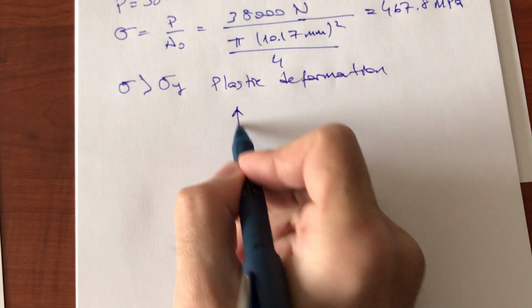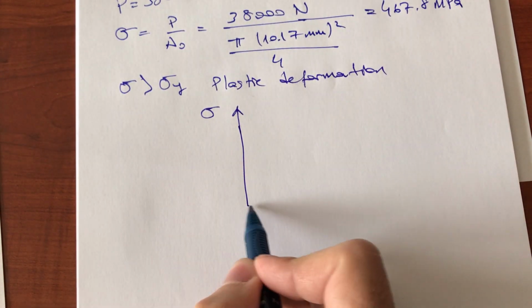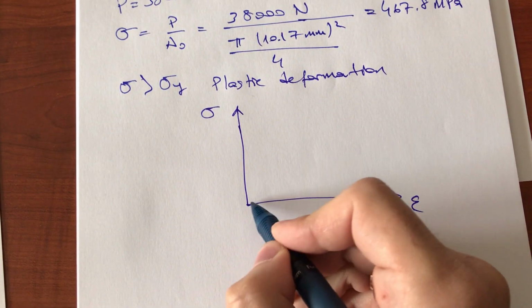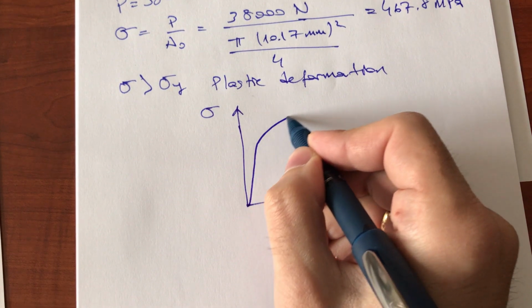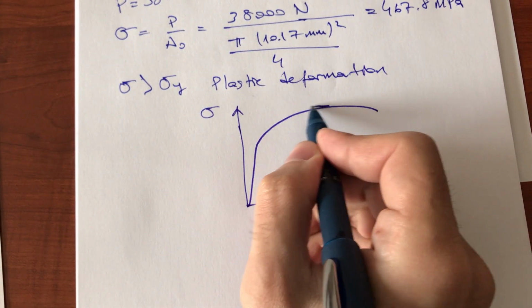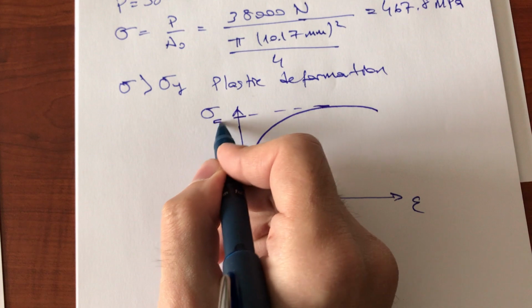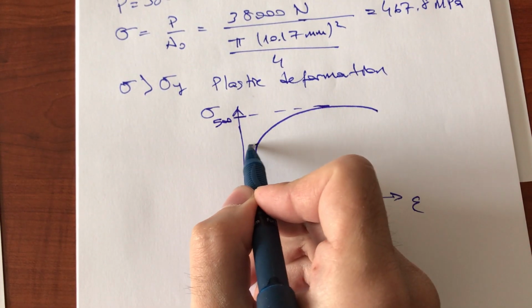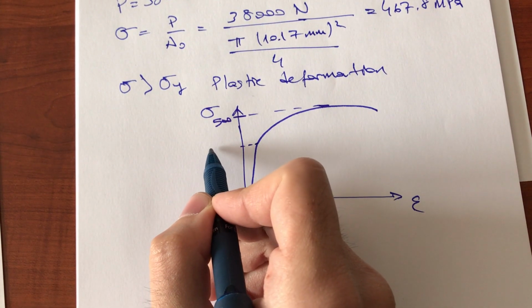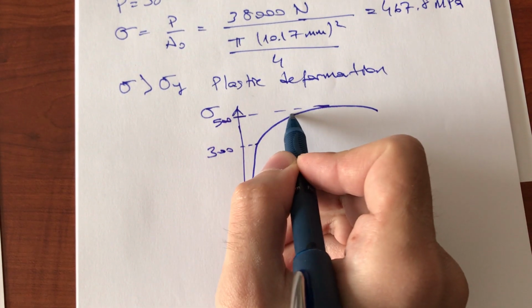And if we draw a hypothetical stress-strain curve for this material, this is around 500 given in the problem, this is 300, and we are somewhere here.